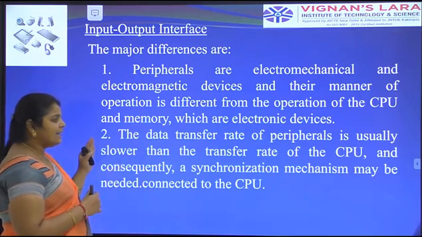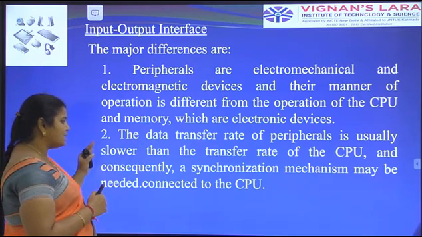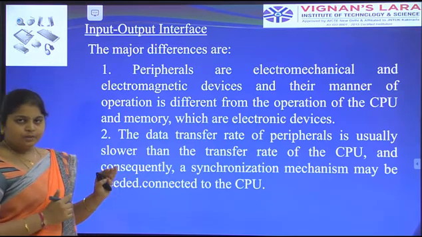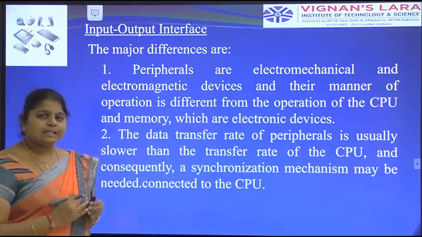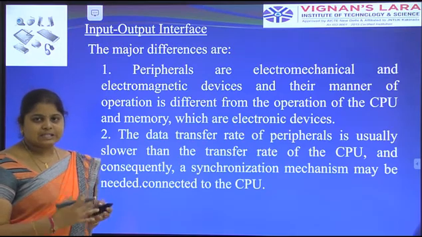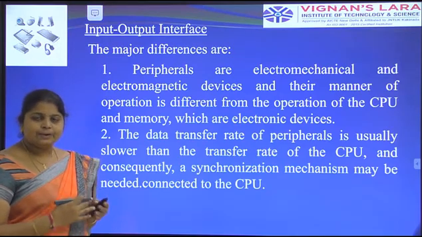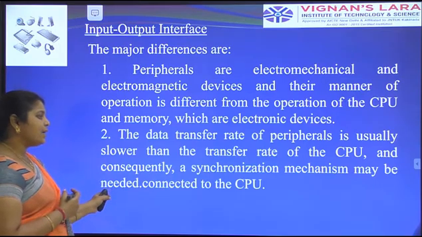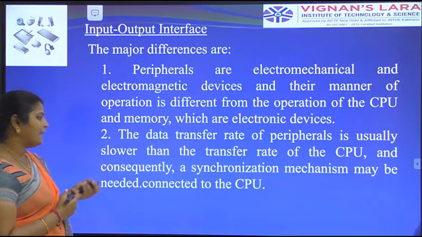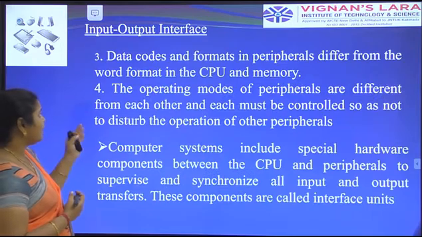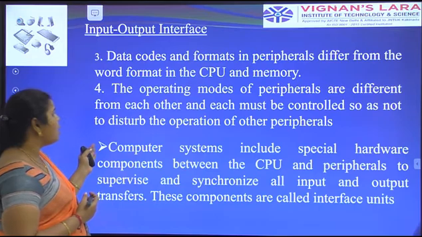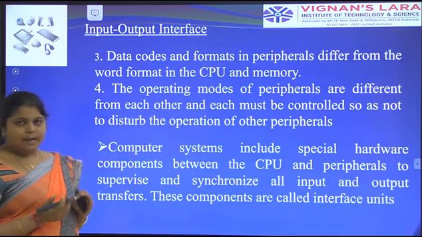Second, the data transfer rate of peripheral devices is usually slower than the transfer rate of the CPU. The CPU is much faster compared to the peripheral devices, and consequently a synchronization mechanism may be needed. Next, the data codes and formats in peripheral devices differ from the word format in the CPU and memory.